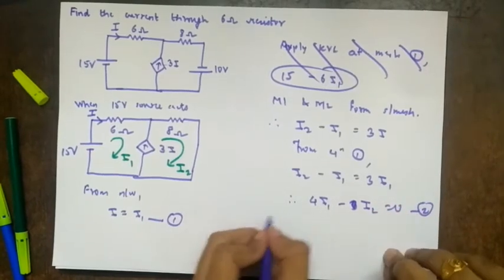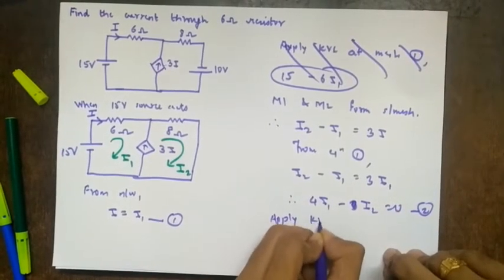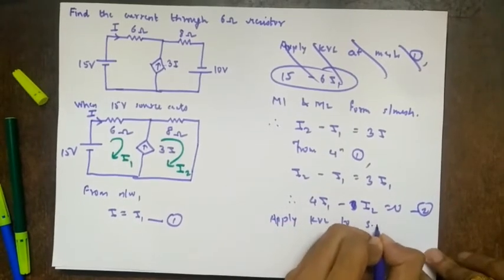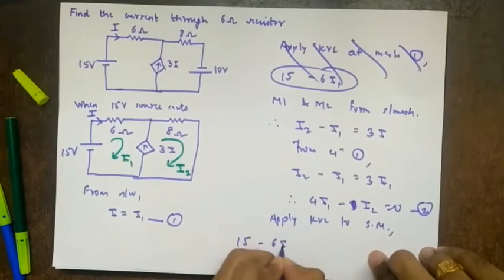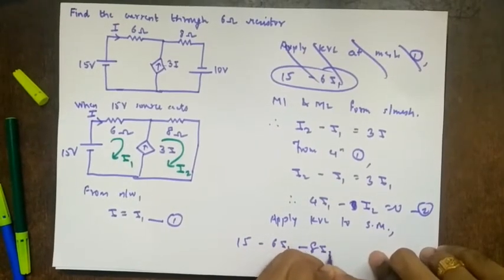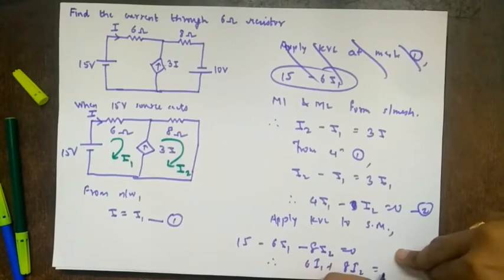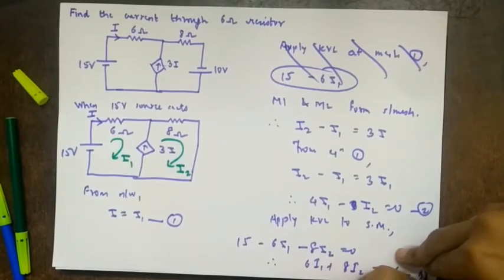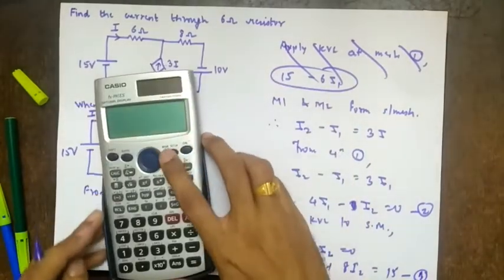Equation number 2. Right? Next, apply KVL to the super mesh. So 15 minus 6 I1 minus 8 I2 equal to 0. So therefore 6 I1 plus 8 I2 equal to 15. Equation number 3. Then what we'll do, solve equations 2 and 3 simultaneously. We'll get I1 and I2.